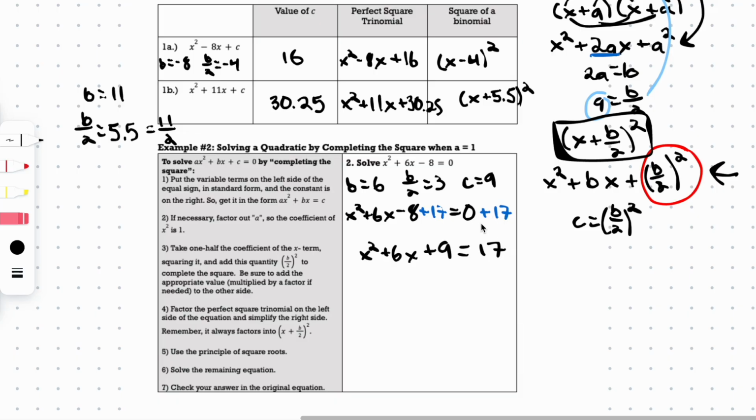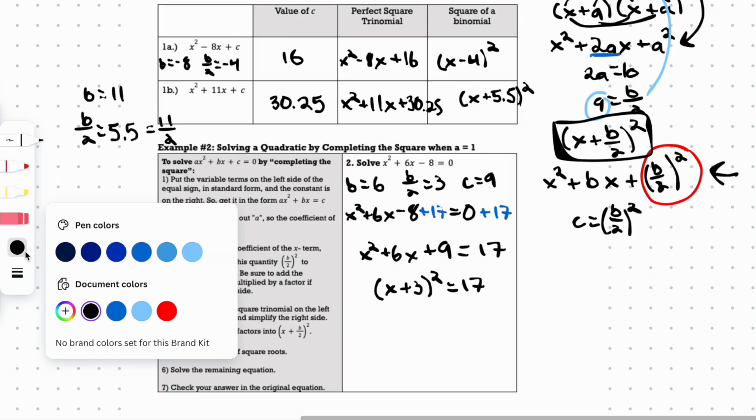So we're adding 17 to both sides. Now this is our perfect square trinomial, but we want to make it into a square of a binomial, something that looks more like this. So x plus b over 2, and b over 2 is 3, so x plus 3 squared equals 17.